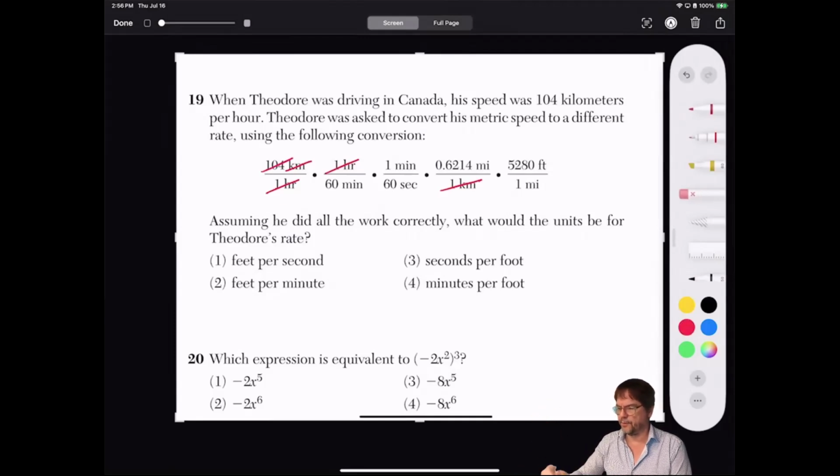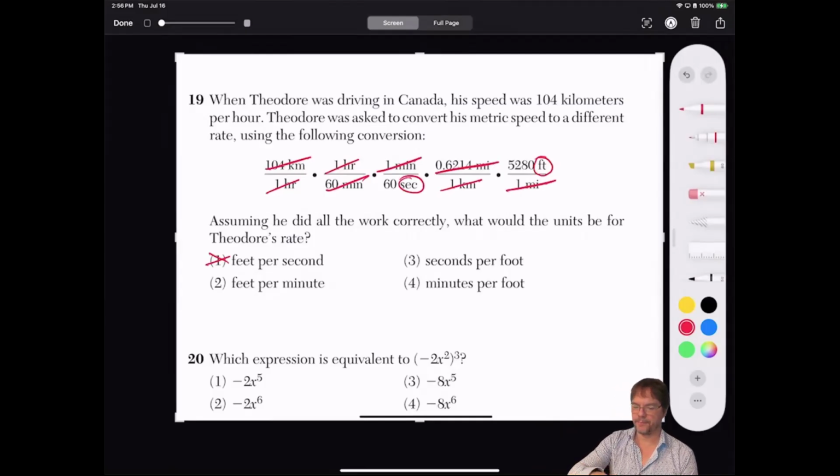Do you understand that? So I'm canceling kilometer with kilometer. Minute with minute. Miles with miles. So I end with feet per second. Number one. This kind of thing is very important in physics. The units.